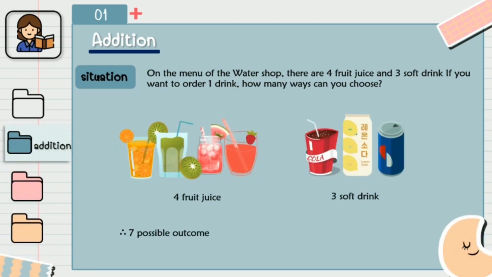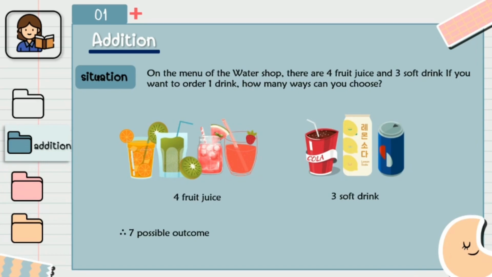So there are a total of 1, 2, 3, 4, 5, 6, 7. There are a total of 7 ways to order. For this situation, the choices are divided into 2 cases, of which none are redundant.